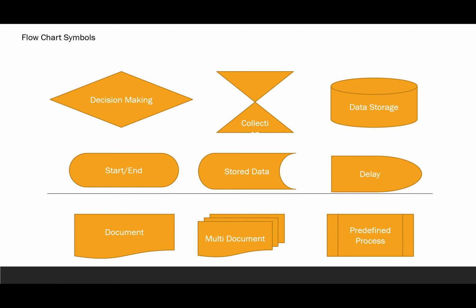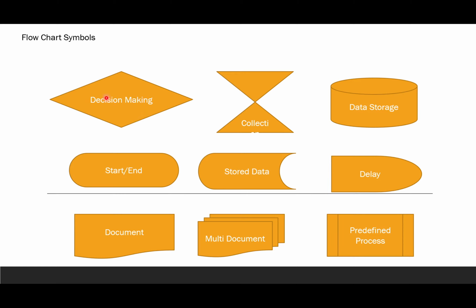The diagram will not be a simple Excel file with arrows and all. For each different step, we will have different kinds of icons that will represent the actions. So I have listed down some of the icons which are majorly used while creating the flowchart, and we'll go one by one.